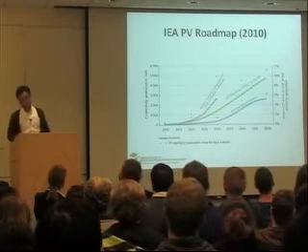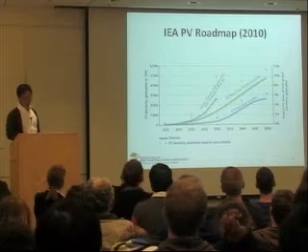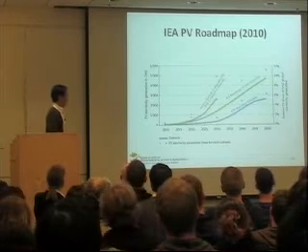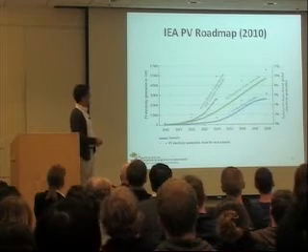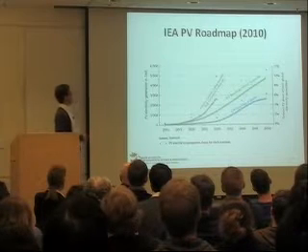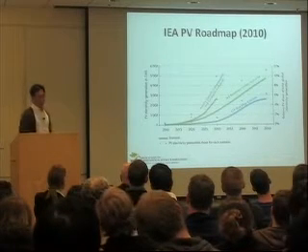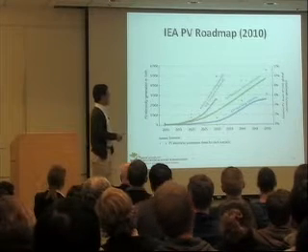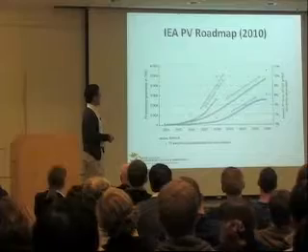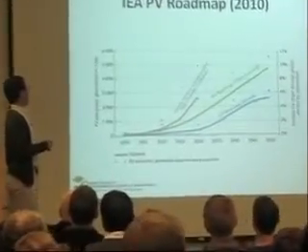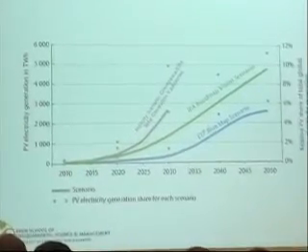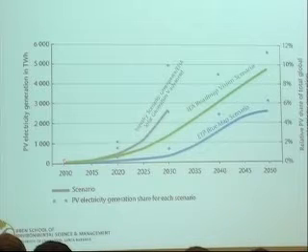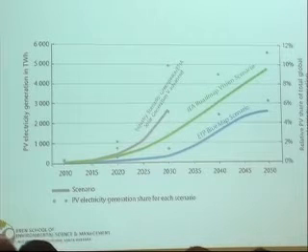Some of the examples, again, from a report released last year by the IEA. This is the photovoltaic roadmap, a kind of scenario, or let's say policy target. We are currently here, and this is photovoltaic electricity generation in terawatt hours. What we are seeing now is basically nothing compared to what we are going to see in the future, 20 years down the road.